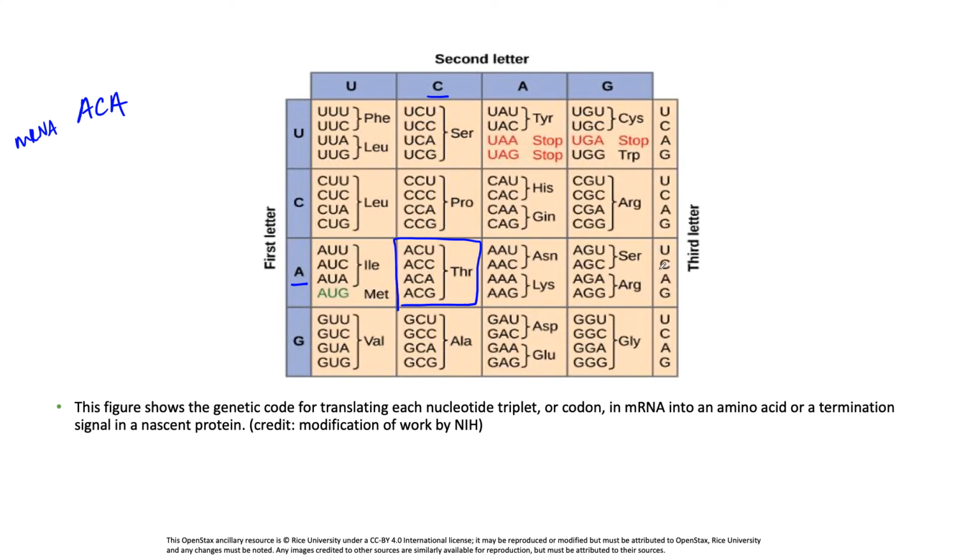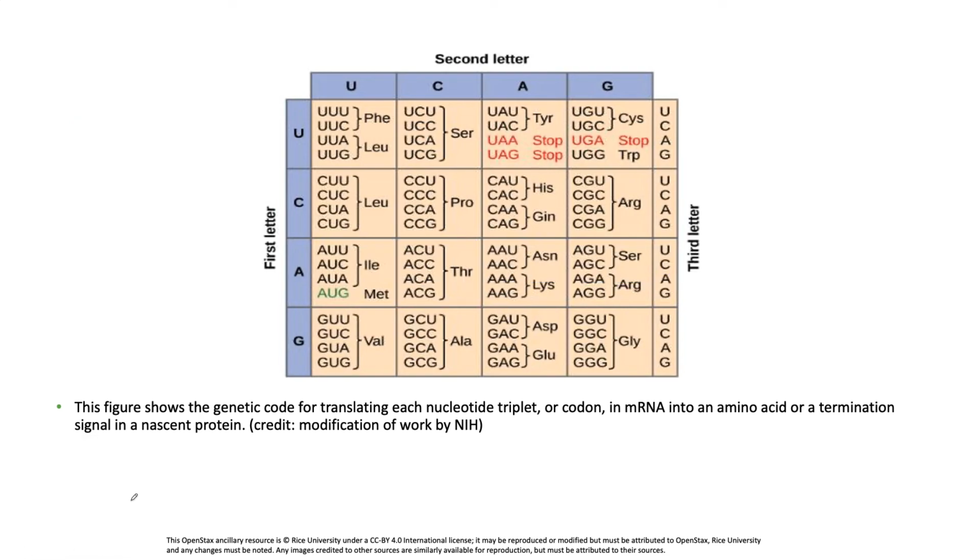And then the third letter, oh, no, I'm sorry, third letter A, and there's our triplet codon. So we see that there's an abbreviation here, THR, and that stands for the amino acid threonine.